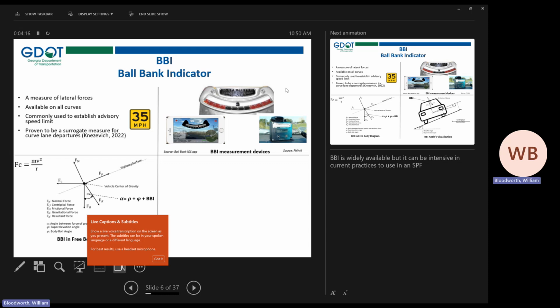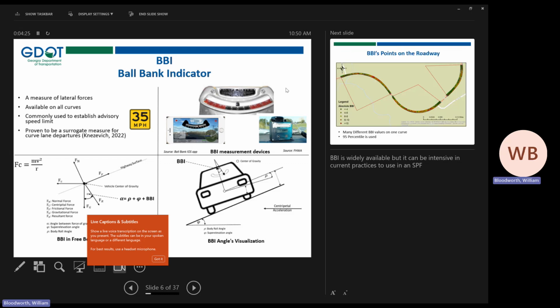So make sure you know it includes mass, velocity squared, and radius, which help form what that ball bank indicator reading is. But that angle is not just ball bank indicator. There's also superelevation that plays into account, as well as vehicle body roll, or the lean in the vehicle, as you can see by the vehicle leaning towards one tire there.